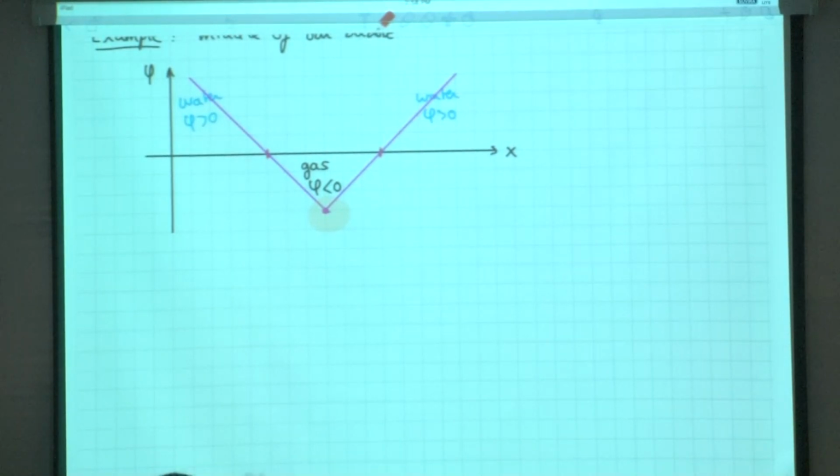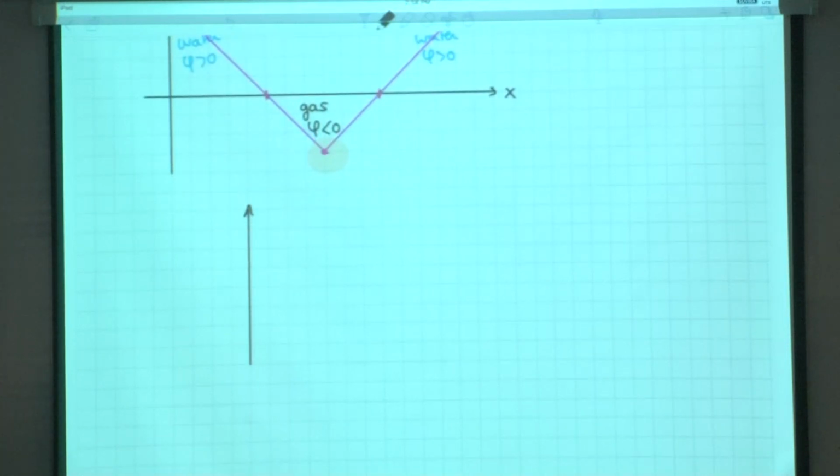Okay, we'll do one sketch that might not look very good, but I'll try anyway. So for our true bubble in 3D, this is our phi. This is our y.